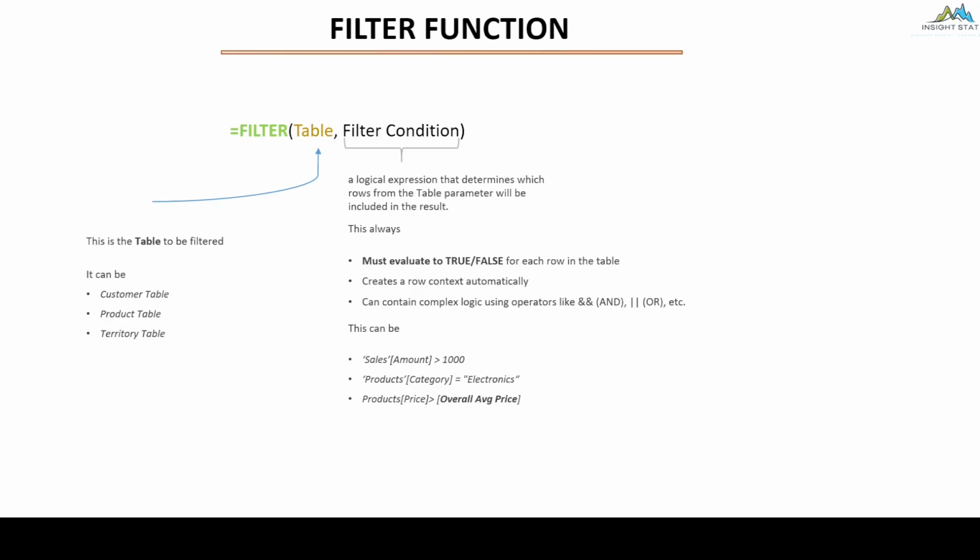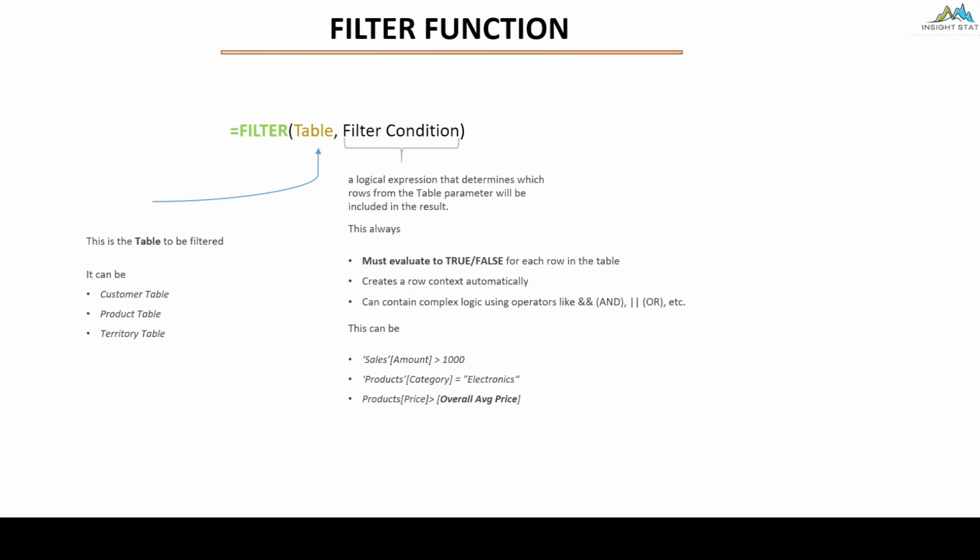Okay, but having said that, when we move into iterator functions, you will see that an iterator function also moves row by row, evaluates row by row. So the question that should come to your mind is: is filter an iterator function? Hold on to that question. We will answer it in the next video when we start off with the iterator functions. But as of now, we will only talk about the filter function.